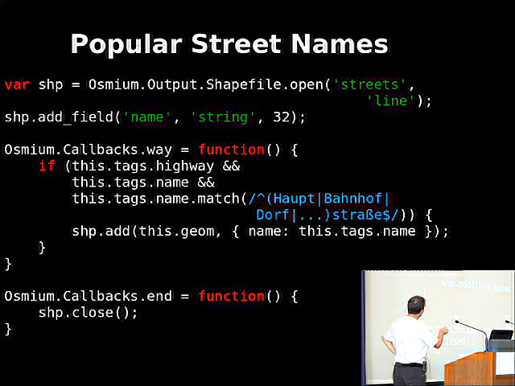And then for every way, I want a callback. If the way has a tag highway, if it has a tag name, and the name matches Hauptbahnhofstraße, Dorfstraße, and a few others, then add it to the shapefile with this geometry and this name as a tag. And at the end callback, I close the shapefile again.